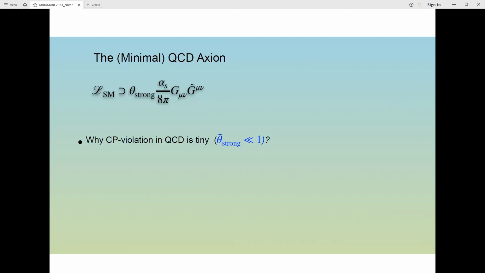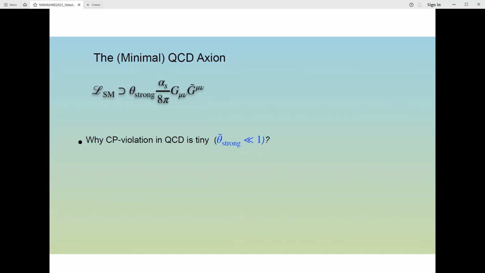Okay. So the case that we want to study is the QCD axion in its minimal formulation, meaning that I will not assume any extra coupling, just a coupling to QCD, which is the one needed by definition to define the QCD axion. The QCD axion is a solution to the strong CP problem in QCD: why is the CP violation so small in QCD?